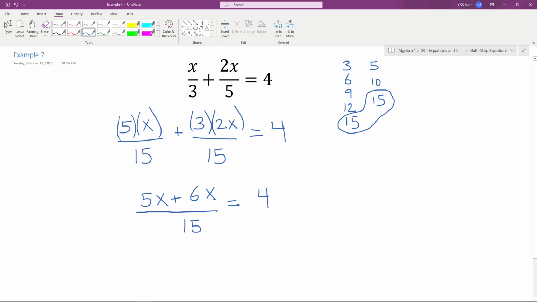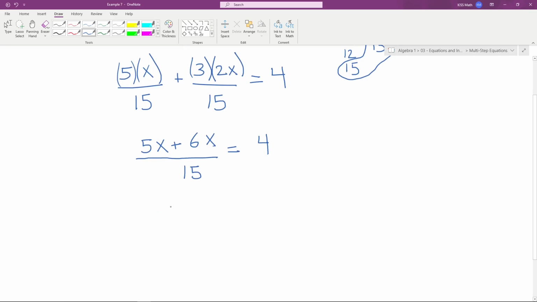Equals 4. And if I simplify this, I will get 5x plus 6x is 11x over 15 equals 4. And I can just multiply to get this 15 out of here.